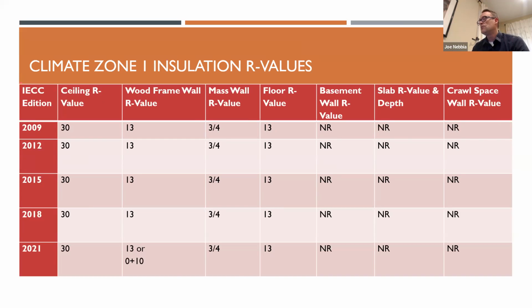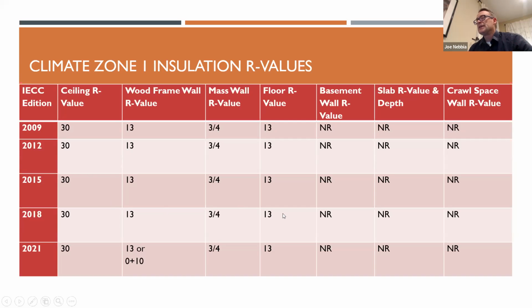Again, that fits in a 2x4 cavity, so it's pretty easy to fit that in there. It's not a lot of insulation, but there is some amount of required insulation so that we stop heat conducting from the unconditioned space below up into the conditioned space.